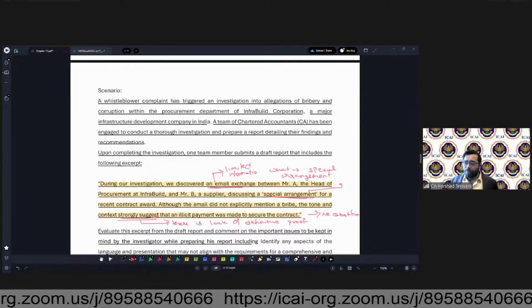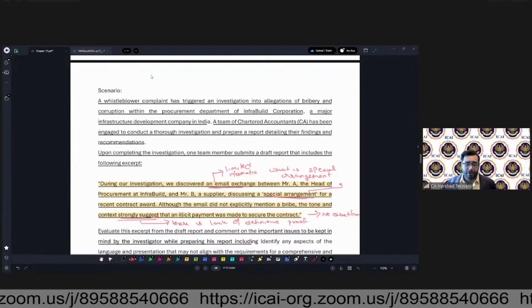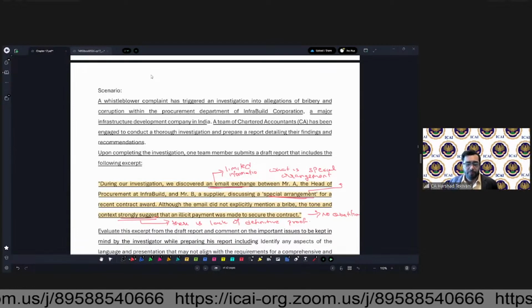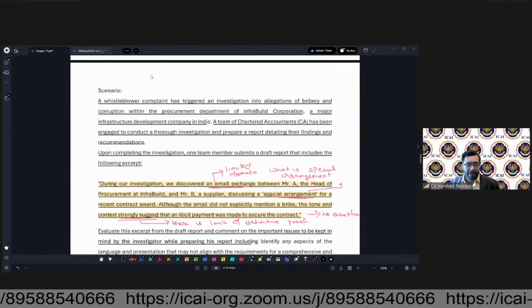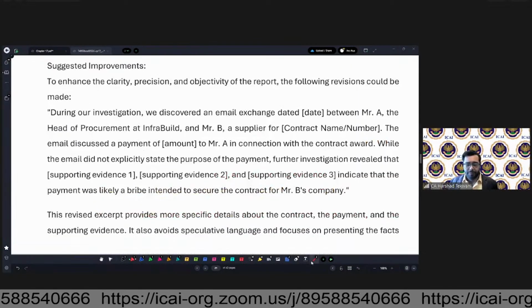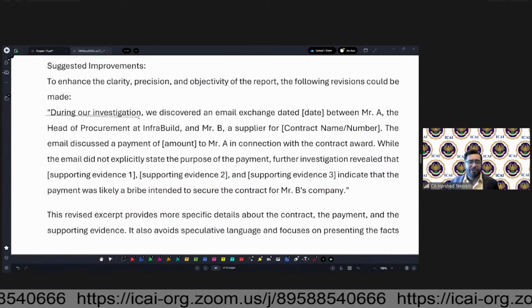If I have to provide you a redraft of the particular paragraph, it should go this way.